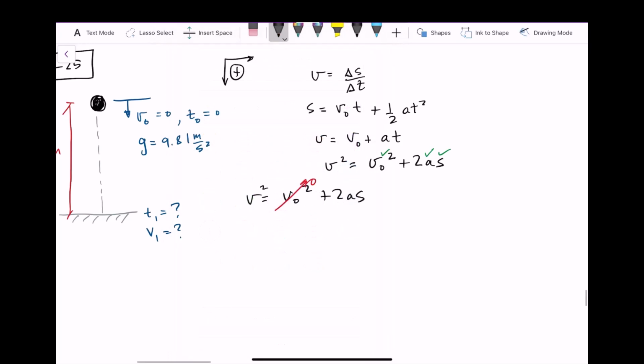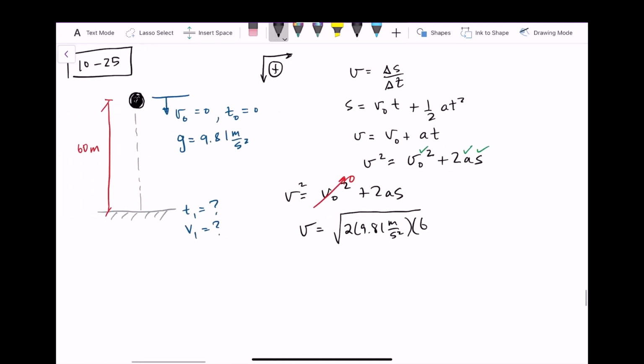So that means that V is equal to the square root of 2AS, so that's 2 times 9.81 meters per second squared times S, the displacement, which is 60 meters. So the velocity is equal to 34.3 meters per second, and it's clearly downwards, so we don't need an angle.